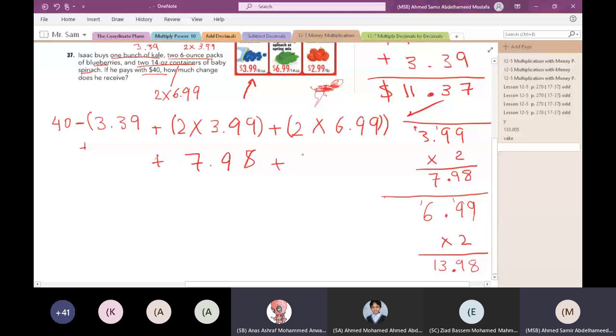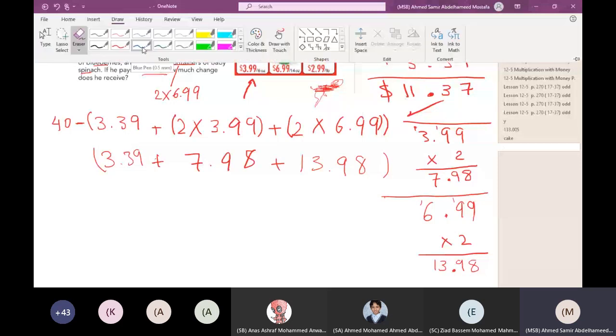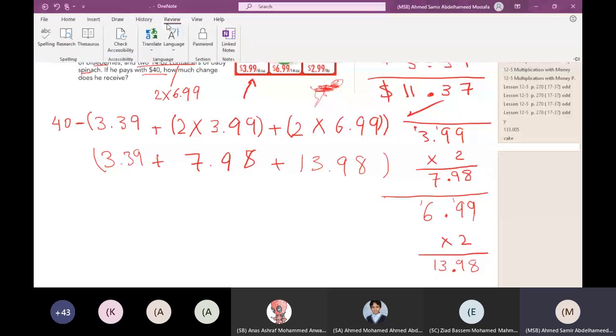Now we have addition. For this part, we have 3.39 plus 7.98 plus 13.98, and all of this would be subtracted from 40.